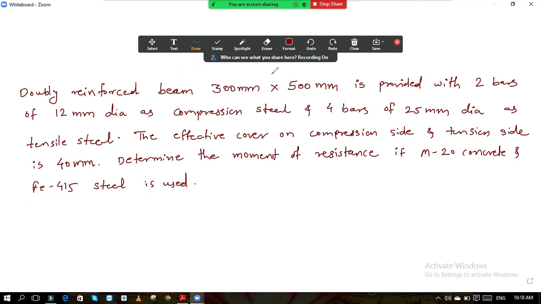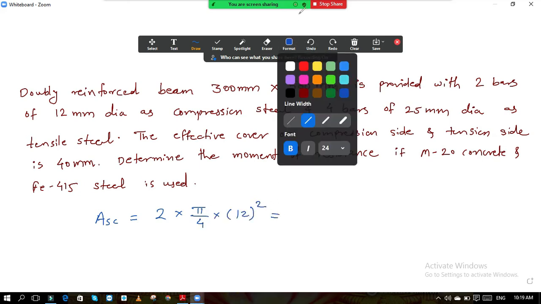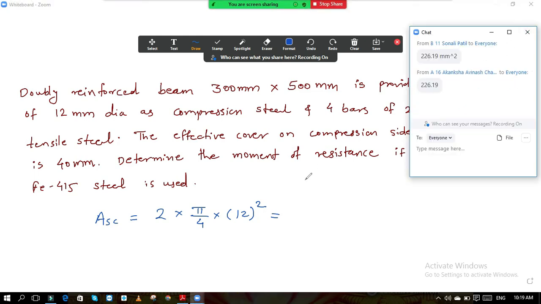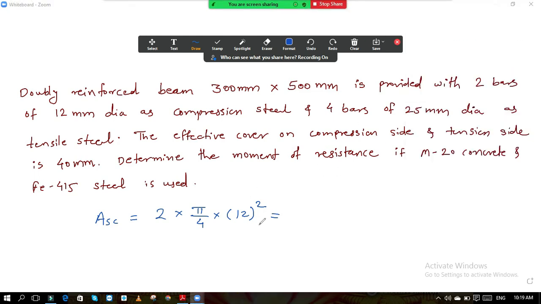Now we will see how to solve this problem. First of all we will calculate the area of steel Asc in the compression zone: 2 bars of 12 mm diameter, so 2 into pi by 4 into 12 squared. Solve this and let me know the answer. 226.19 mm square.